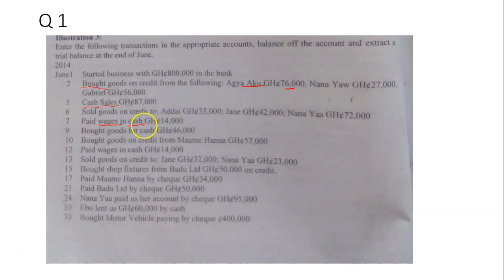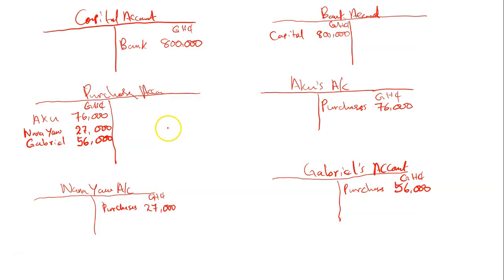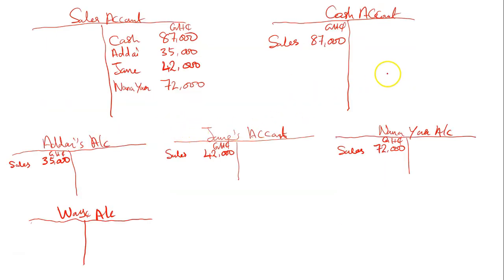So since your business cash will reduce, then we credit cash account in the name of wages, 14,000 Ghana cedis. Since we've been able to detect one of them, then we can easily get the other. So since this is credited, then automatically this place will be what? Debited. 14,000 Ghana cedis in the name of cash.